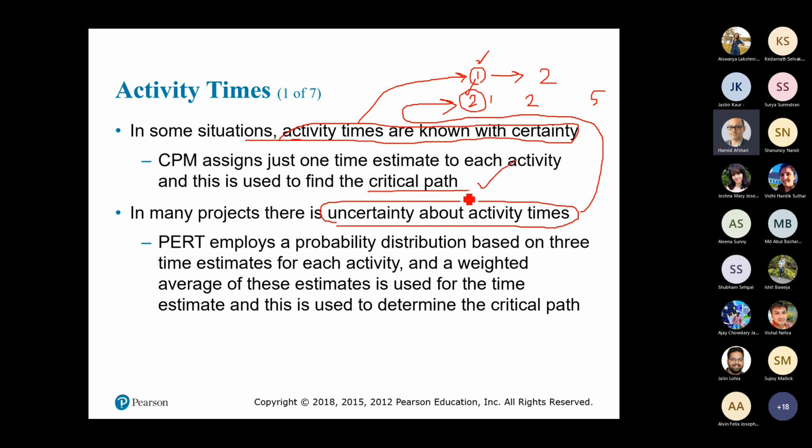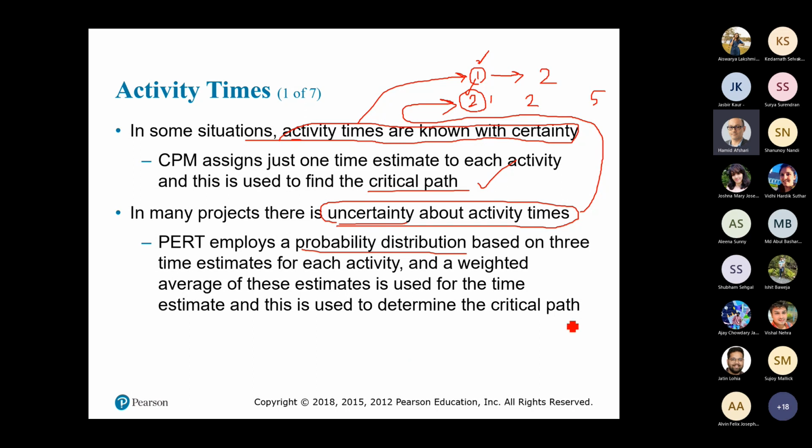That's it, very easy. But when there is uncertainty about the time, PERT employs a probability distribution based on 3 time estimates for each activity. A weighted average of these estimates is used for the time estimate, and this is used to determine the critical path.